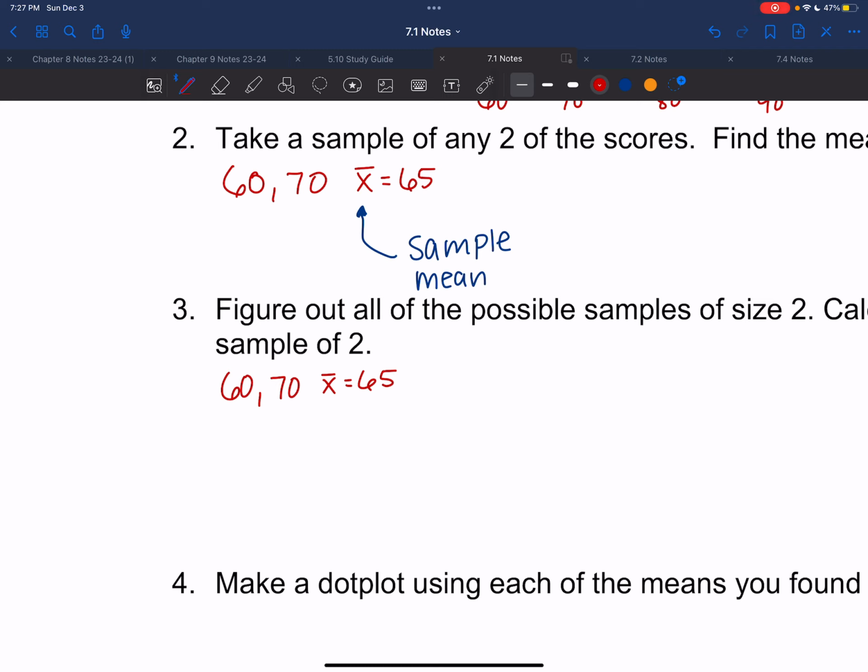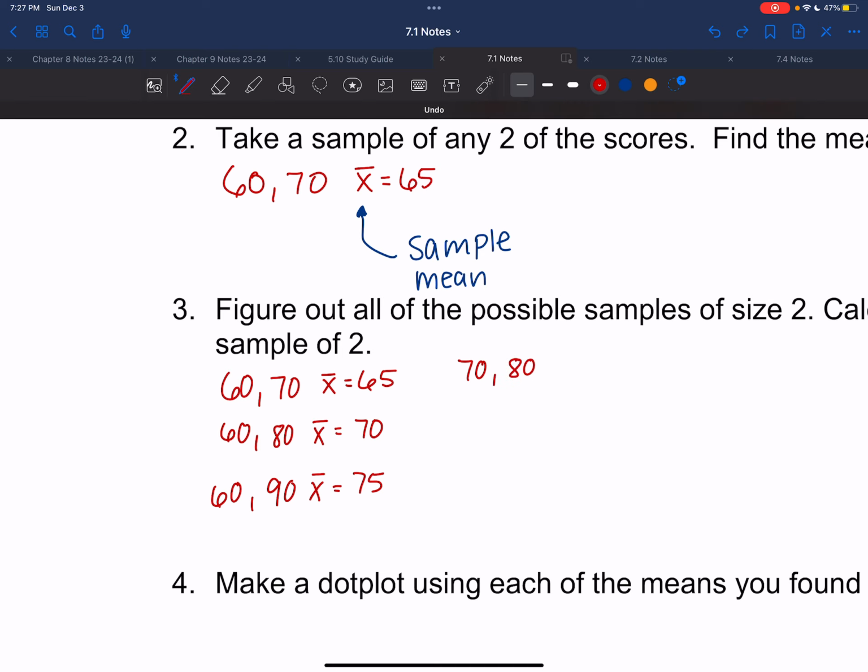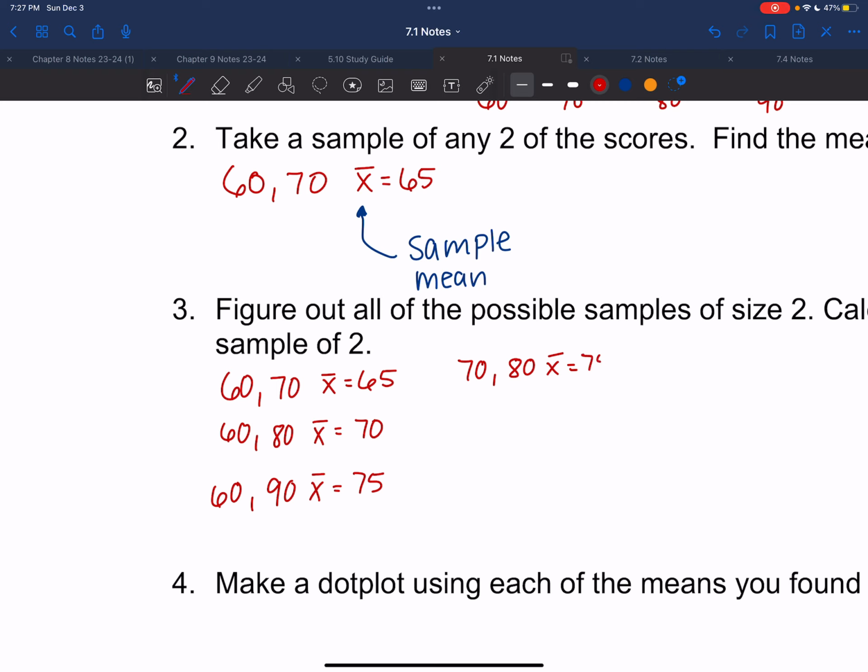Then we've got 60 and 80, a sample mean of 70. 60 and 90, a sample mean of 75. 70 and 80 also has a sample mean of 75. 70 and 90, a sample mean of 80. And last, 80 and 90, a sample mean of 85.